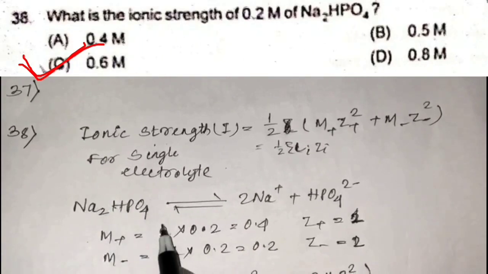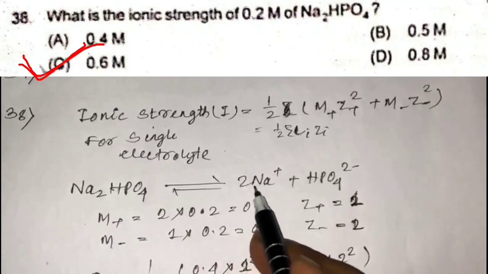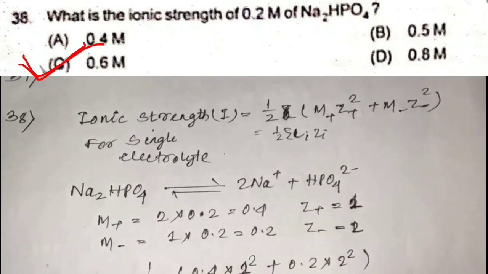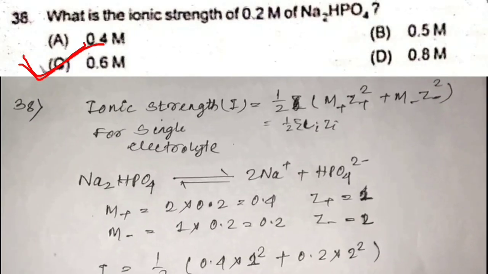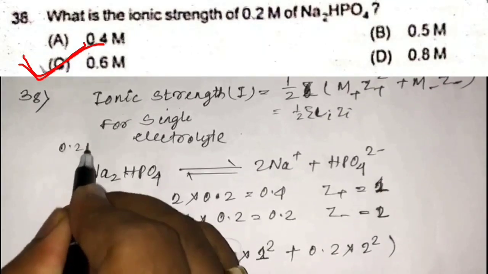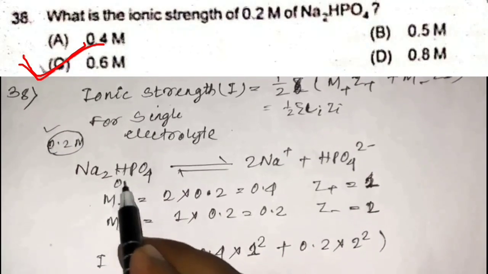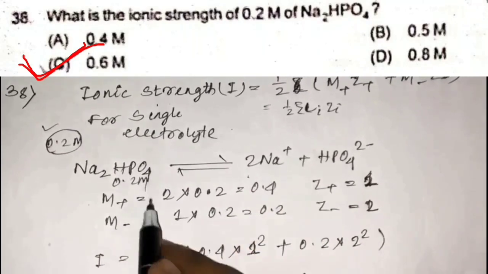See, this is an electrolyte. If it dissociates, it will give you 2Na plus and HPO4 2 minus. The initial concentration given was 0.2 molar, and it dissociates into 2 times Na plus.